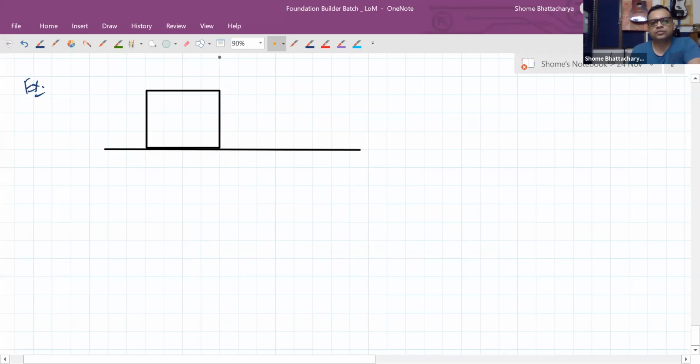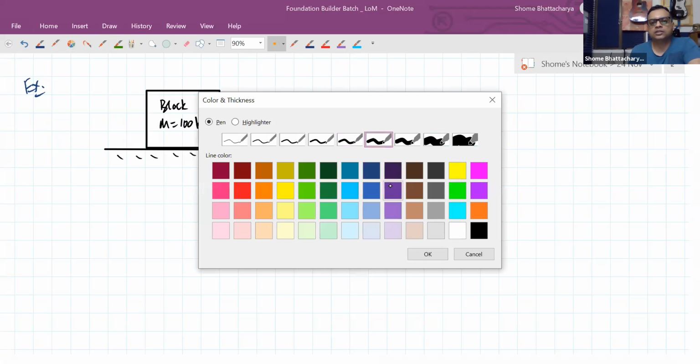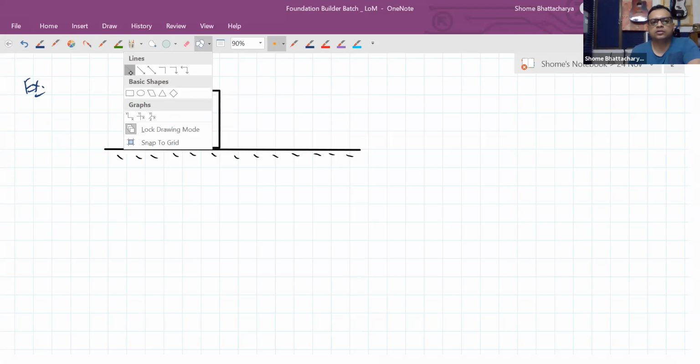And we are applying the force to that heavy chain. So this is a block of mass. Let's take a big amount of mass. So let's say 100 kgs. Okay. Now what we are doing is we are pulling it using quite a heavy chain or a rope.